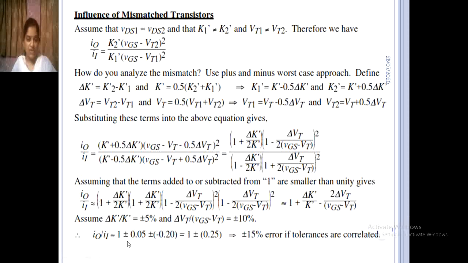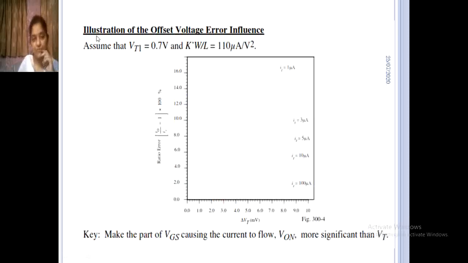So this equation is represented by those values, and we can calculate the error, which is plus minus 15% error if the tolerances are correlated to each other. So that is the influence of the mismatching of the transistor.